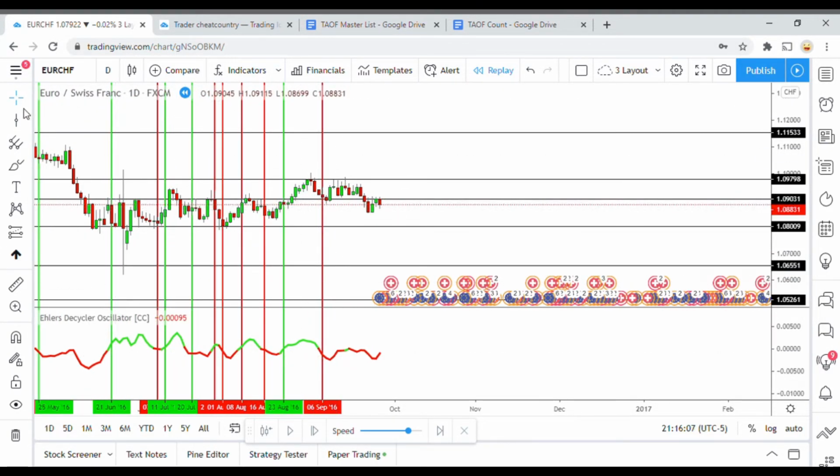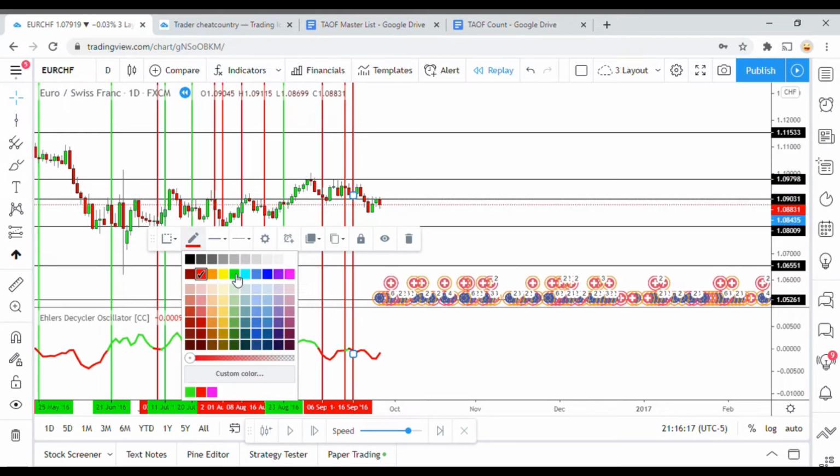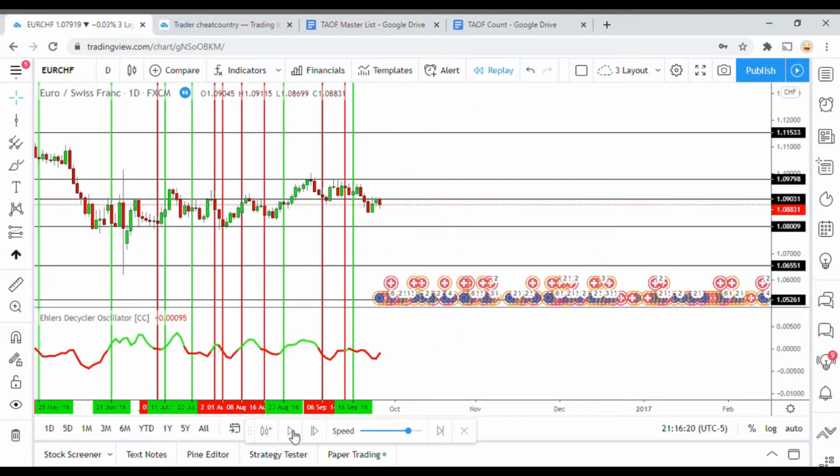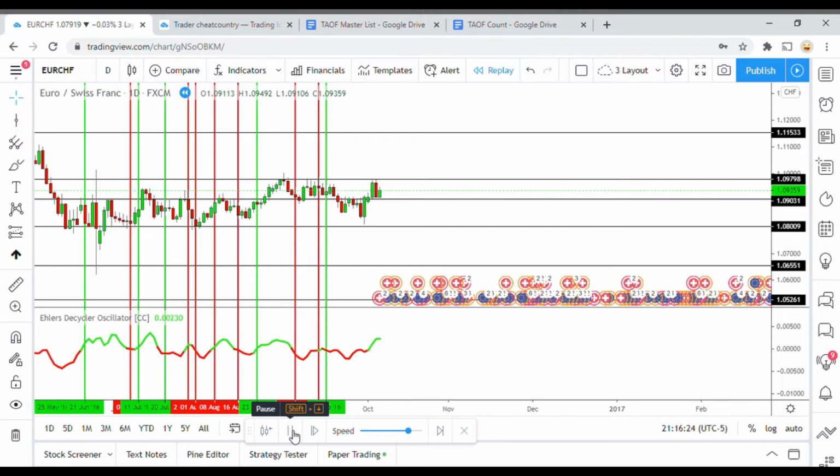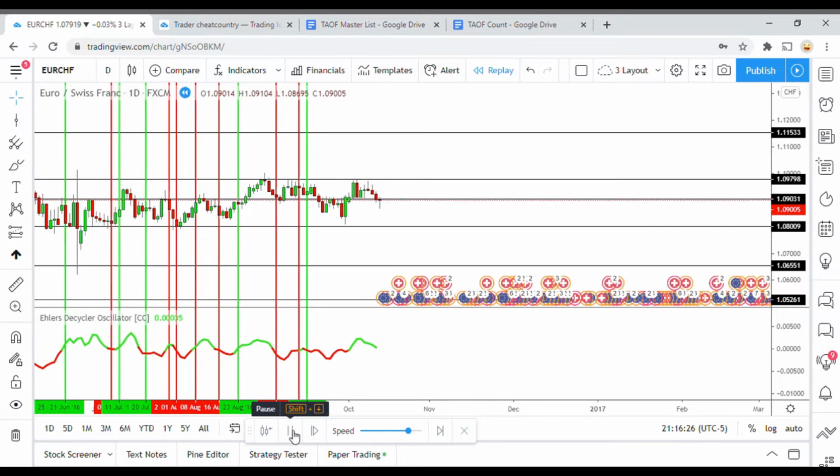And plugging along here. Pick up a long for just a moment. Right there. That would not have worked out in our favor. Then a short. There. That one would have done alright.